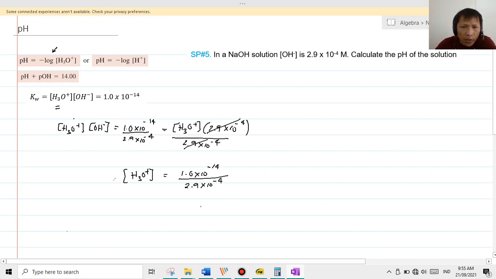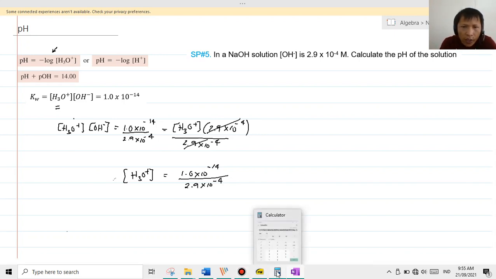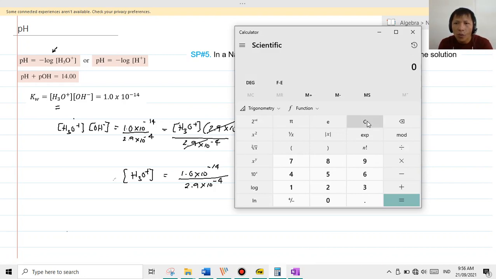Actually, we can go directly to the calculator. You can use a scientific calculator. 1 raised to negative 14, then close the parenthesis. I need to include the parenthesis.